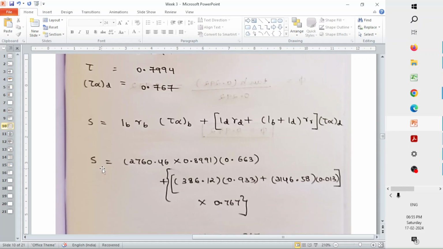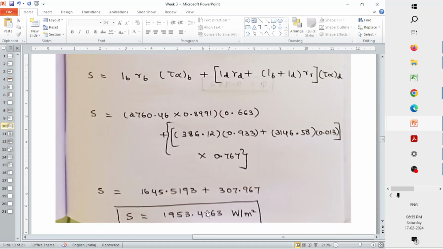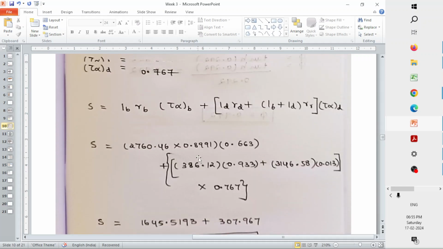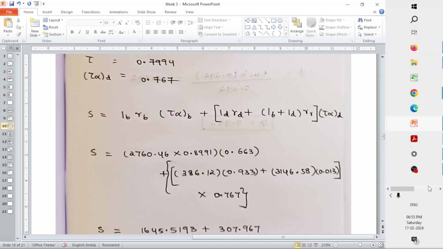So if you multiply them, you will get the value as 1953.4863. We didn't calculate IB RB separately, so let us just calculate that.